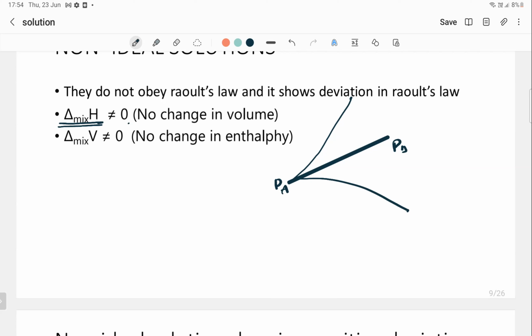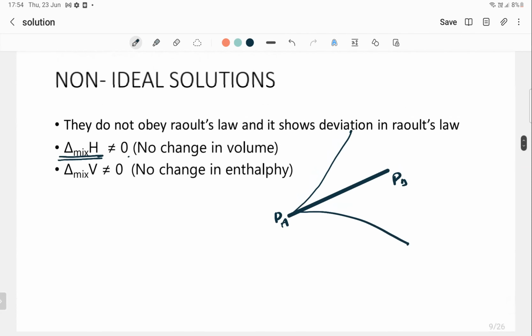Okay. So here, see, no change in volume and no change in enthalpy. Two cases are there.